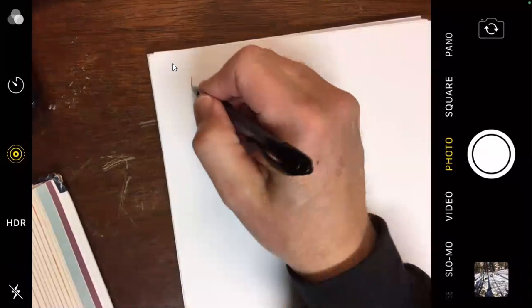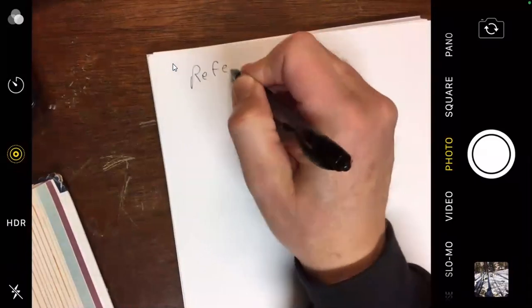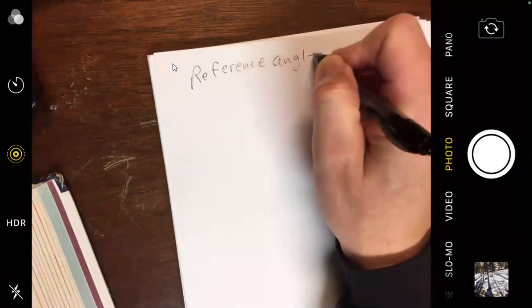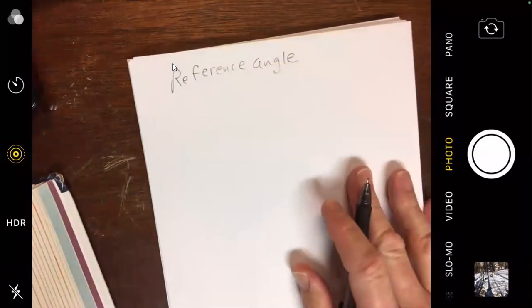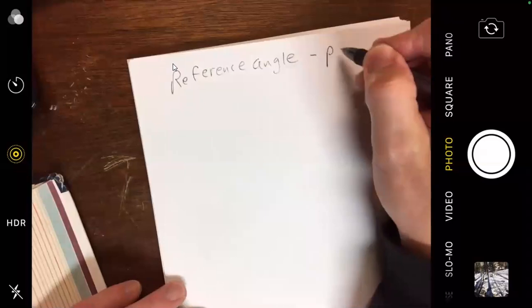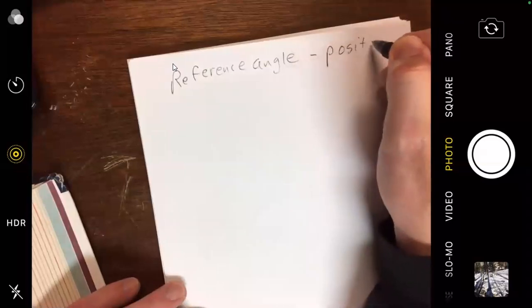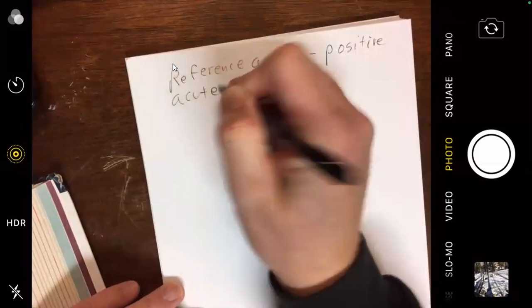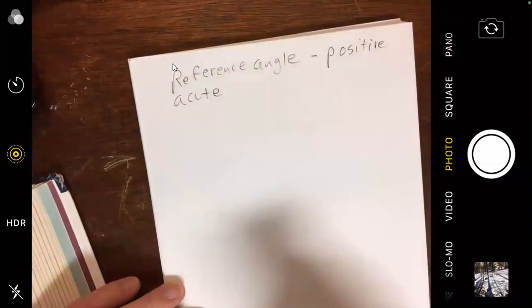A reference angle is the positive acute angle to the x-axis. I think I'm getting fainter and fainter.